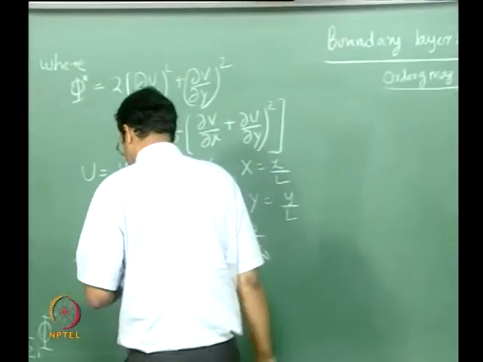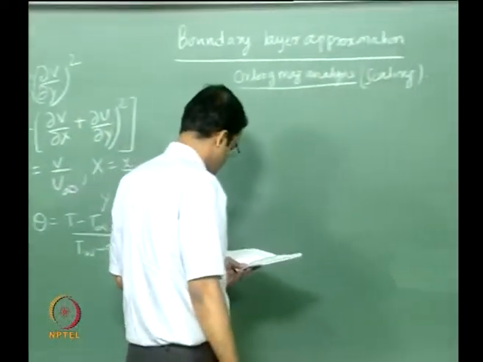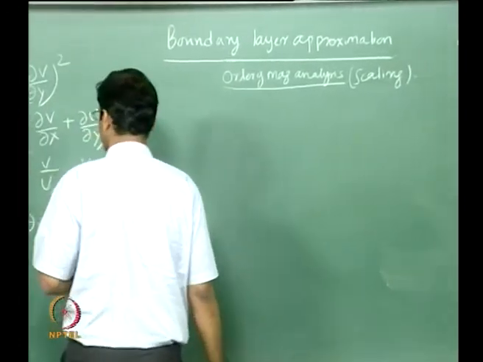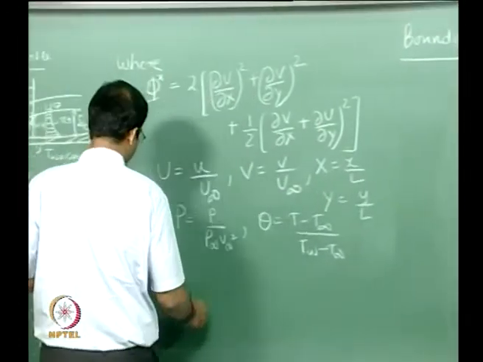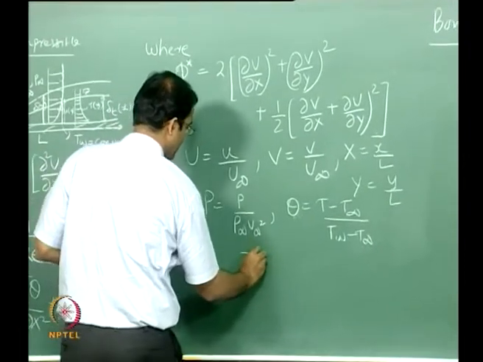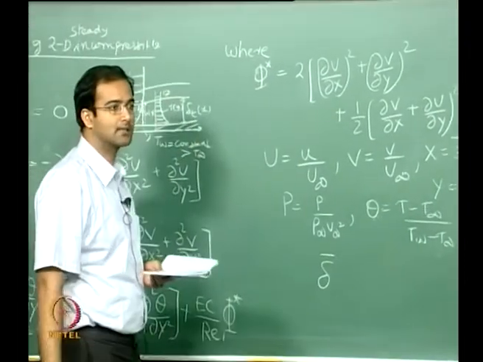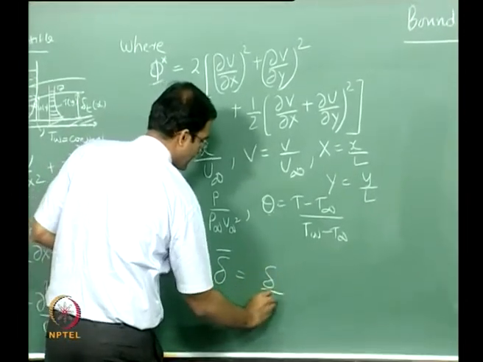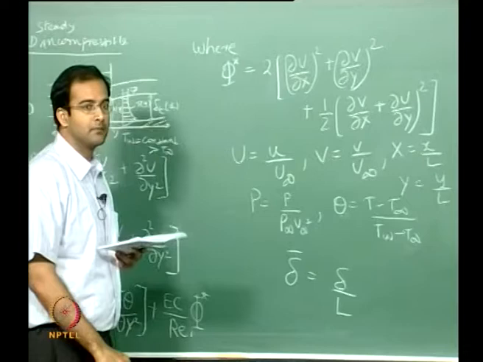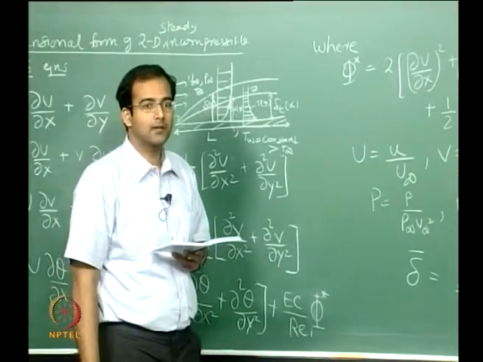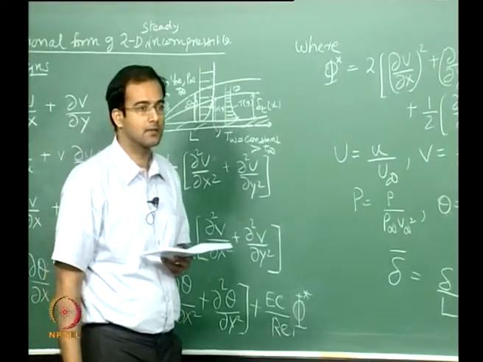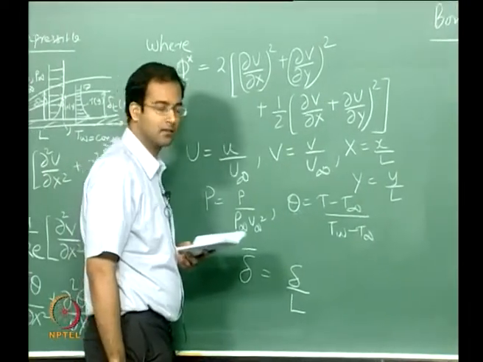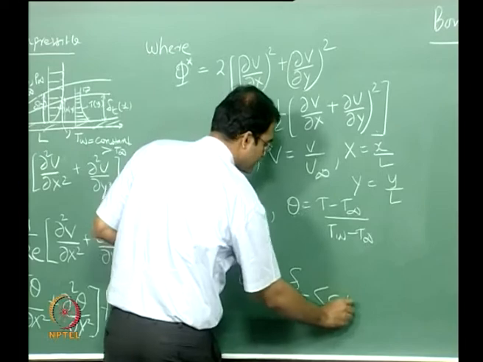So let us introduce some order of magnitude of certain quantities here. Before that, we will introduce what is called the non-dimensional boundary layer thickness for velocity. Let us call this delta bar, which is nothing but delta by L, and obviously for boundary layer flows this quantity should be very small.